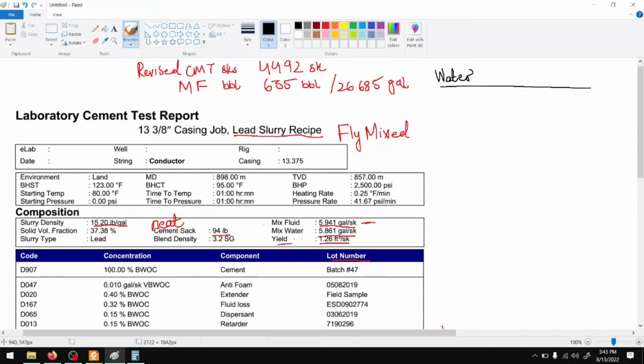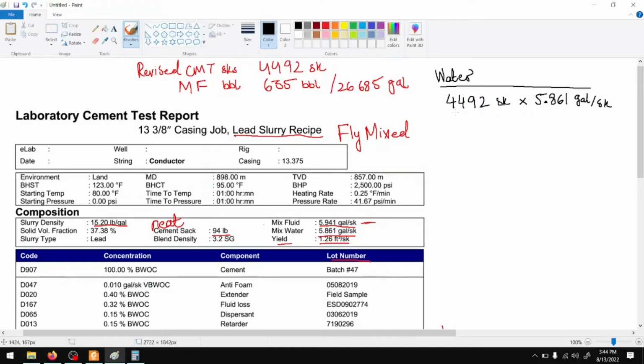You have your mixed water concentration here, which is 5.861. Very simple, just multiply your revised cement sacks, because we are considering our dead volume, 4492 sacks, by your mixed water concentration, which is 5.861 gallons per sack.